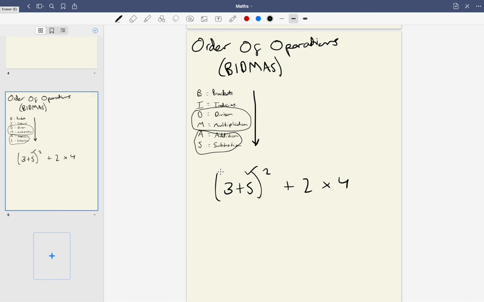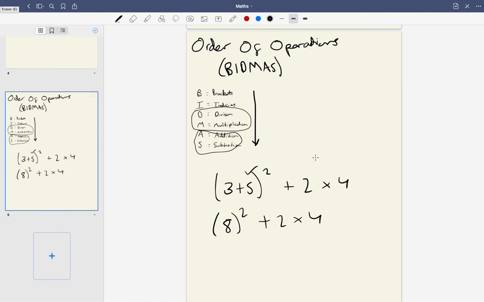Very important that you do that instead of just going left to right. If we rewrite that, 3 plus 5 is 8 squared plus 2 times 4.